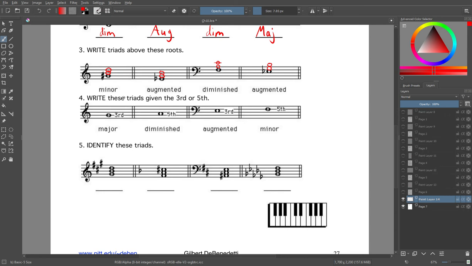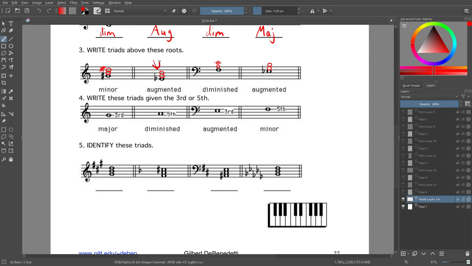Remember, for minor triads, minor on the bottom, major on the top. So from G sharp, we need to find 3 half steps to make a minor third. 1, 2, 3. That is a B natural. We don't have to alter that. Now we need a major third on the top. 1, 2, 3, 4. Here's D. We need to move it up to here. So that's going to be a D sharp. So there is our minor triad.